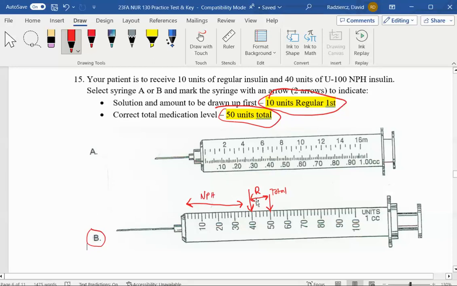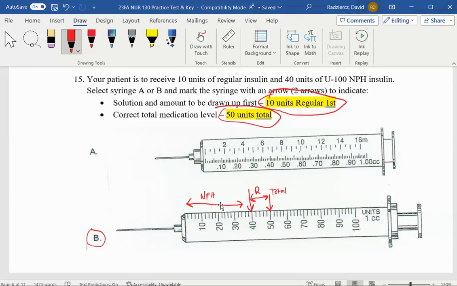What they want you to do is mark it like this: 50, 40, indicating that the regular is between 40 and 50, and that your NPH is between 0 and 40. It's a nuanced question that's not math, but they want to make sure you can mark a syringe. I think that's the more important thing.